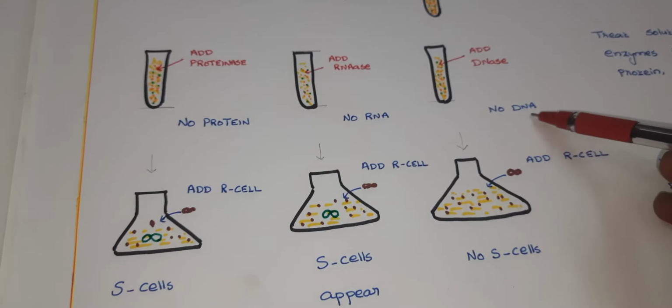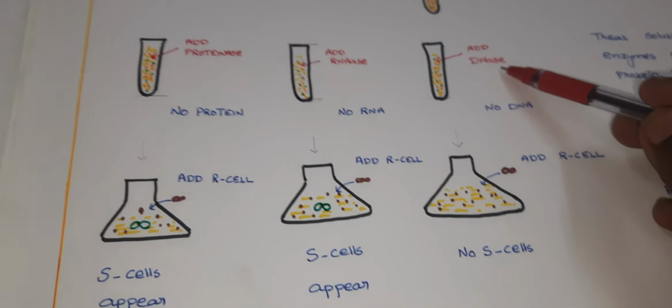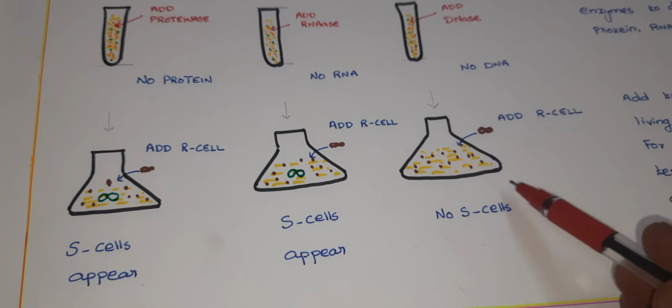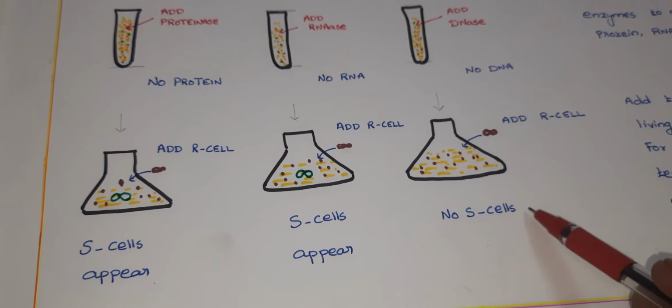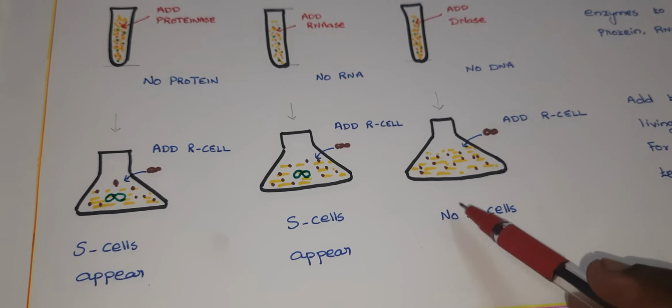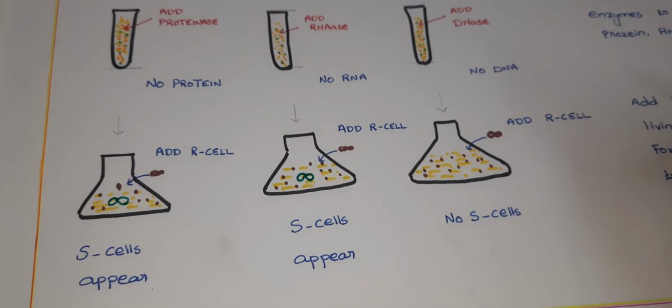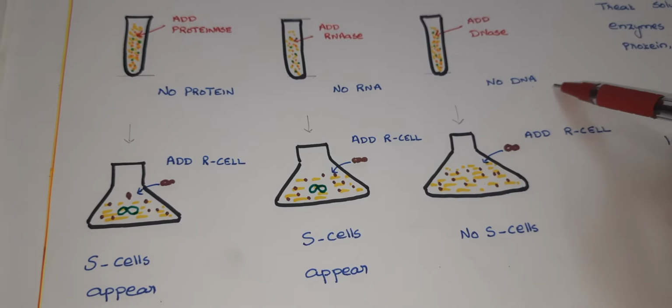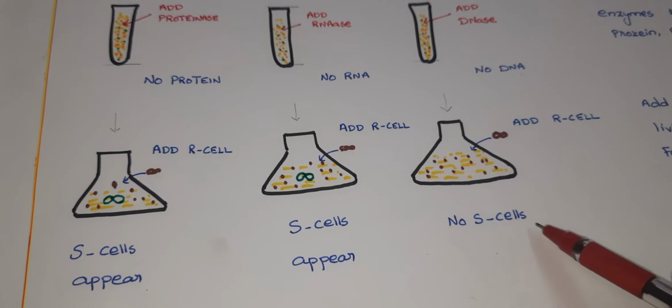Then in the third test tube, the DNA was digested by the DNase enzyme, and when R cells were added, there is no appearance of S cells. What is the conclusion here? If DNA is the genetic material, then with no DNA there is no formation of S cells.